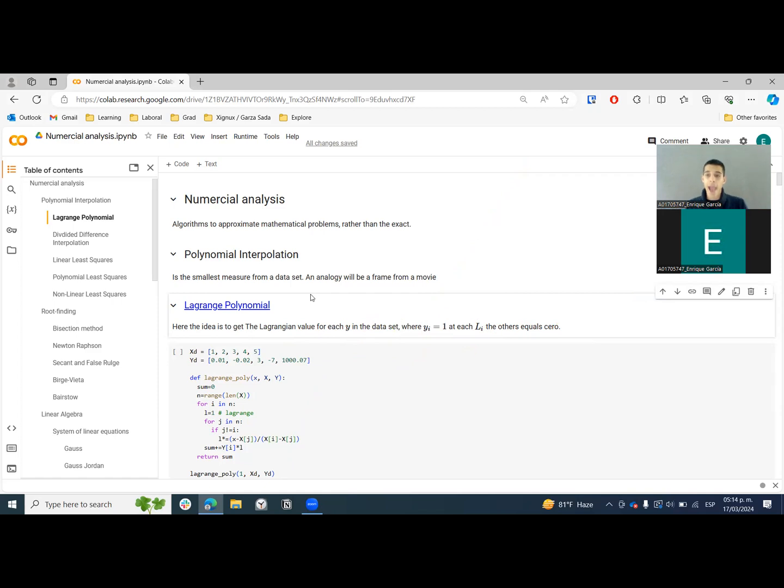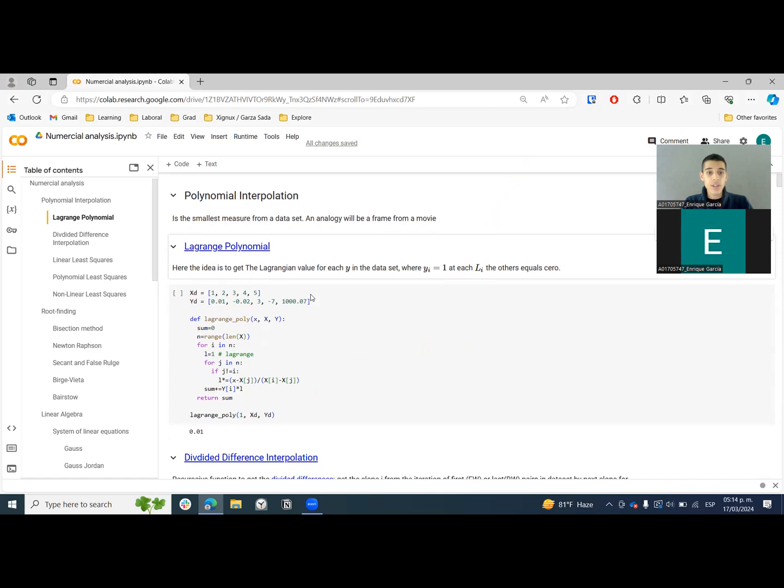Okay, now that we have set the limitations, let's start exploring the polynomial functions with Lagrange. Let me just share my screen.